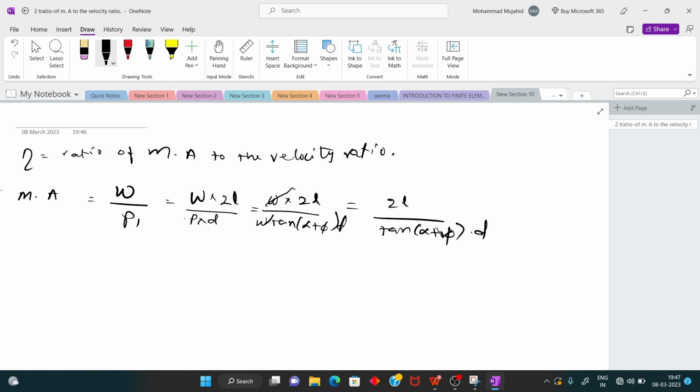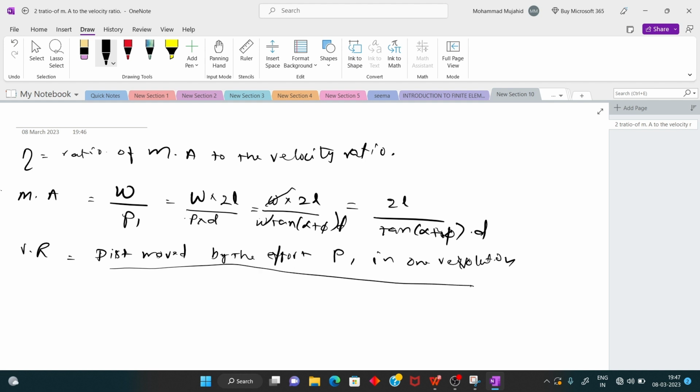And the velocity ratio you can give as the distance moved by the effort P1 in one revolution to the distance moved by the load W in one revolution.